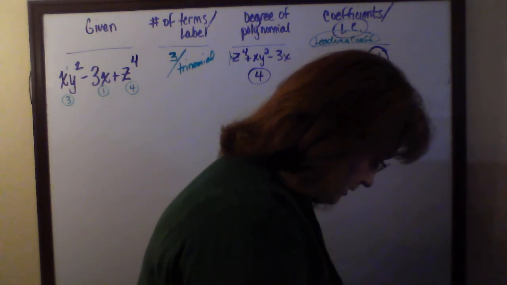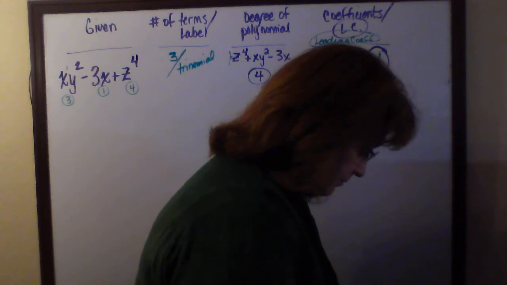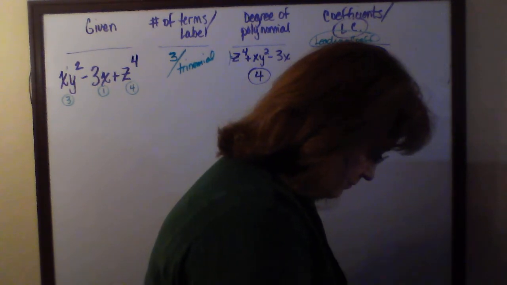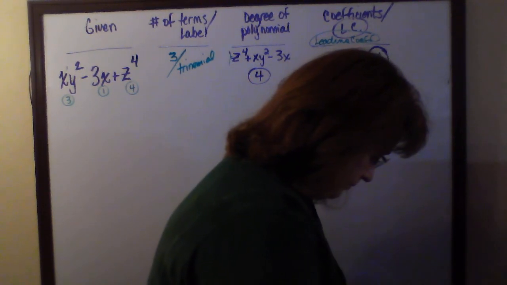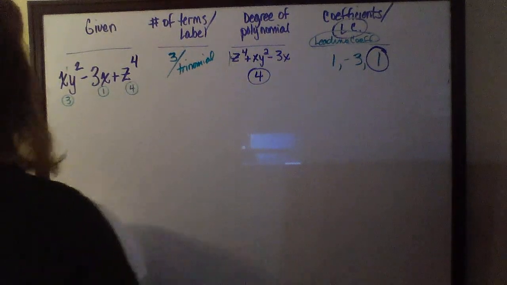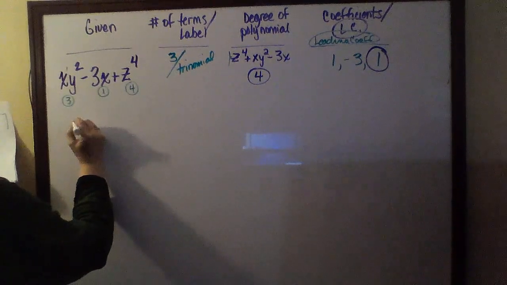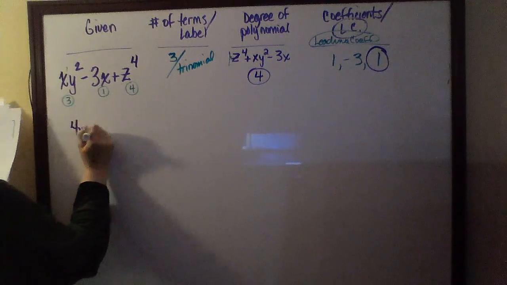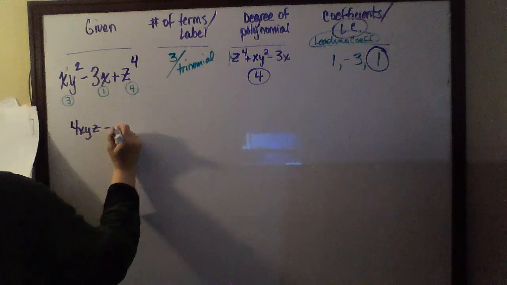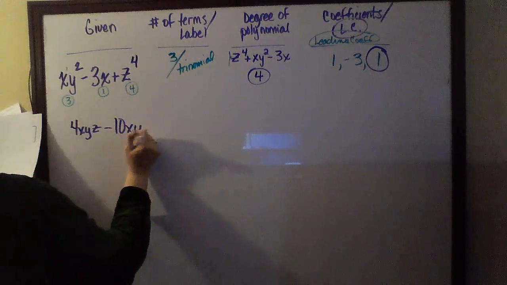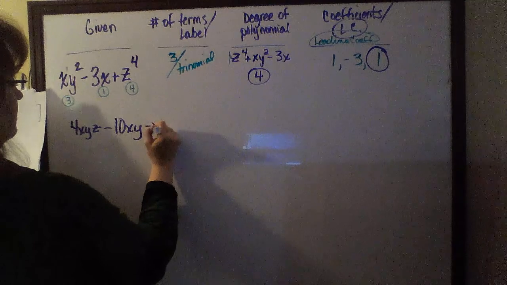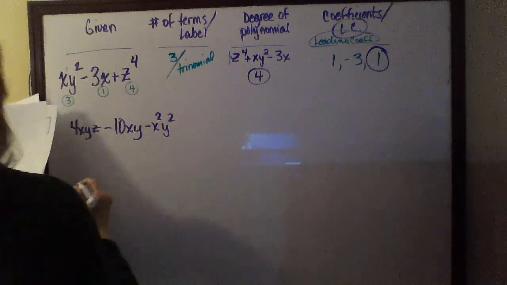Let's see if I've got a good example here. Okay, so let's look at this one. 4xyz minus 10xy minus x squared y squared.